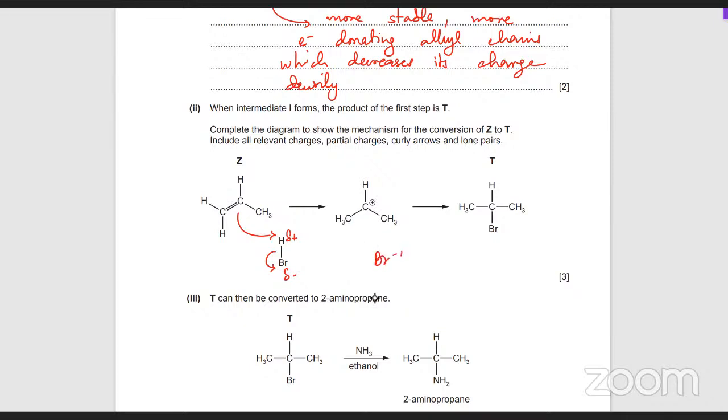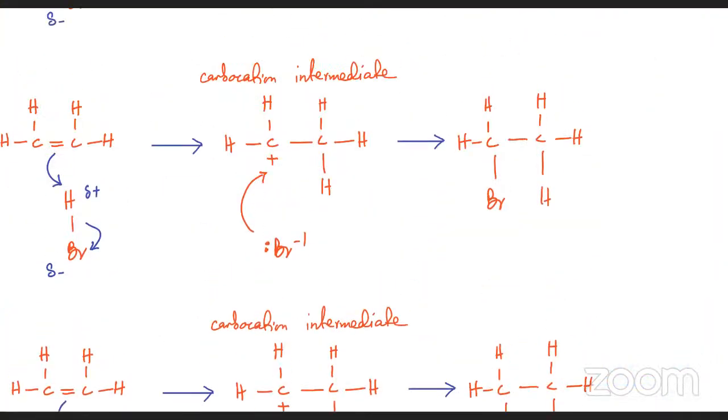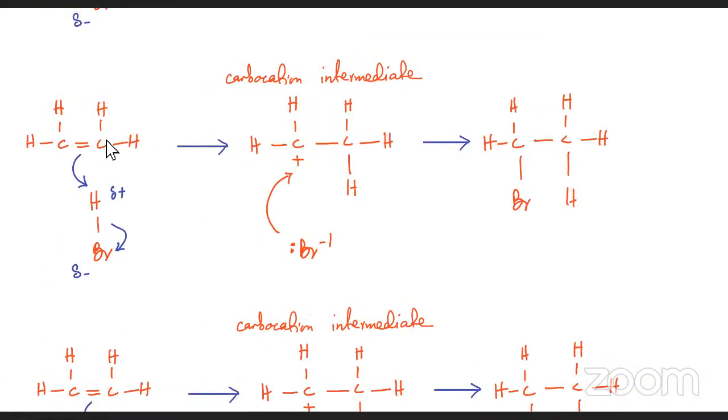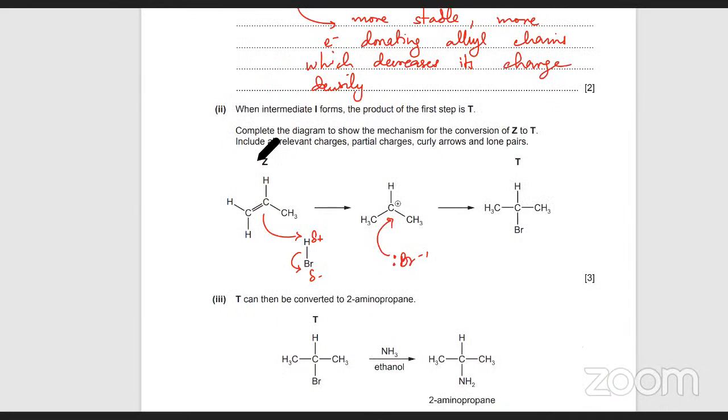So this is your electrophilic addition mechanism, okay? It's given over here. Whenever you have a double bond, it repels electrons and polarizes the HBr molecule. The positive H gets attached to it, a carbocation gets formed, and the Br minus then comes in and joins the carbocation. Is this also clear? Yes, sir.